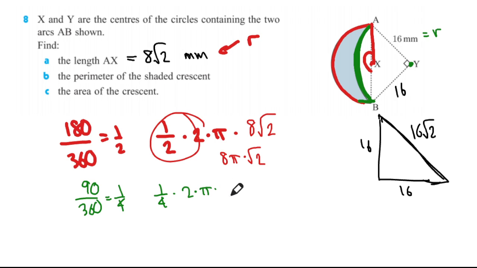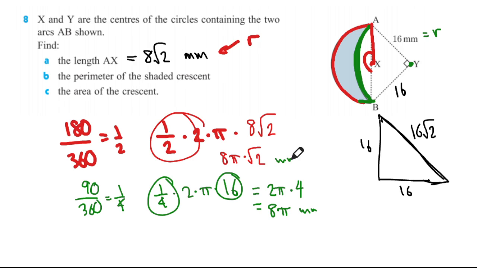Oops, r is 16. So 1/4 times 16 is 4, and so I am going to make this 2 pi times 4, and then this is 8 pi millimeters. This is also millimeters.